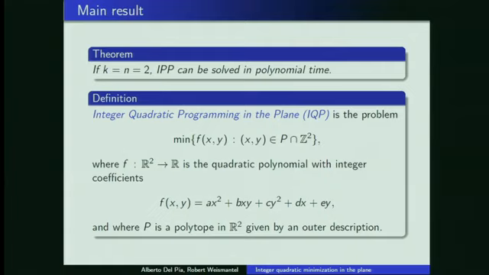And this is the convention for the coefficients: ax squared plus bxy plus cy squared plus dx plus ey. And as I said in the talk, I will restrict myself to the bounded case. The unbounded case is more involved. What we assume is that this polyhedron is given by an outer description, so we have an inequality description of the polyhedron, Ax less or equal to b.